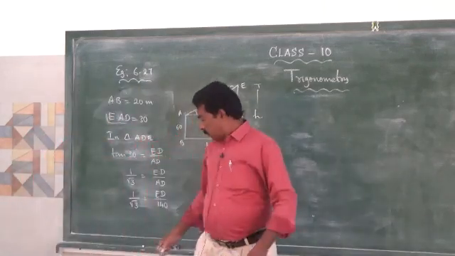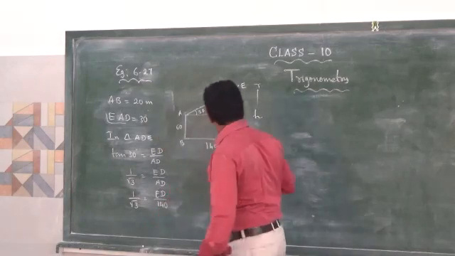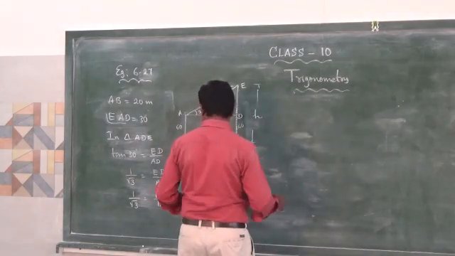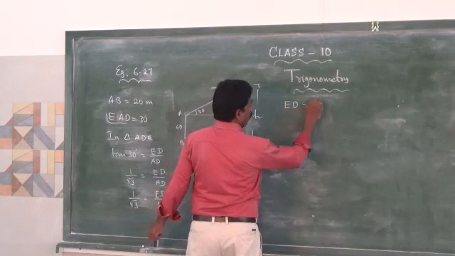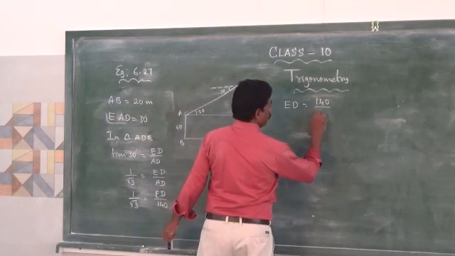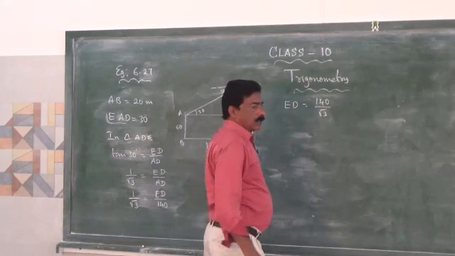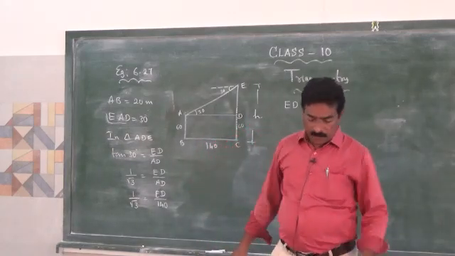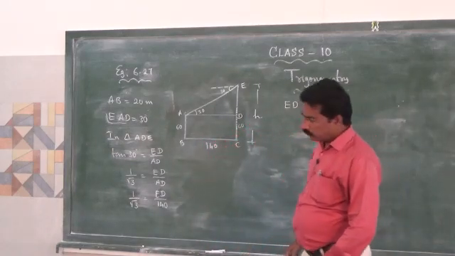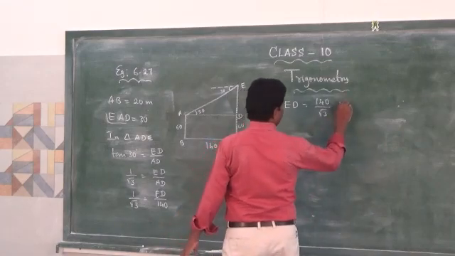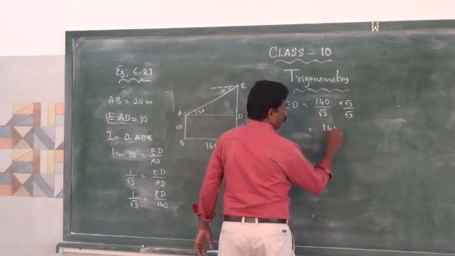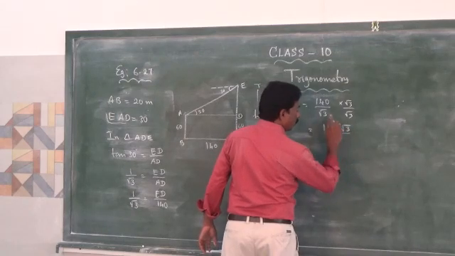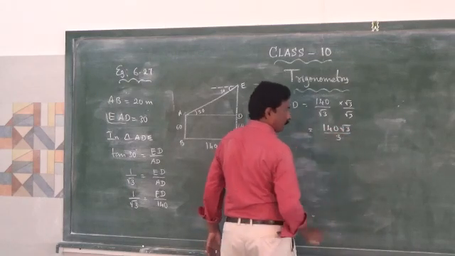Or ED is equal to, when you cross multiply, ED is equal to 140 by root 3. So multiply both sides by root 3. You will get 140 root 3 by root 3 into root 3, which becomes 3.